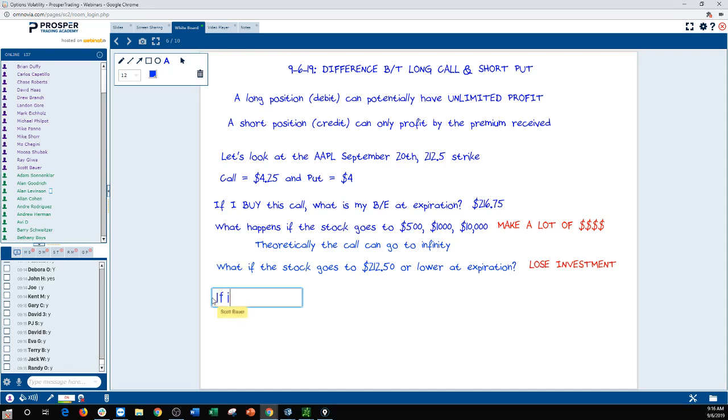Okay, so if I buy this put, what is my break even at expiration? Okay, it's obviously going to be much different than what the break even on the call side would be. So what would be my break even at expiration on the put side?